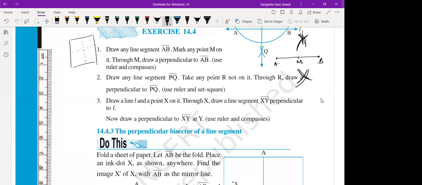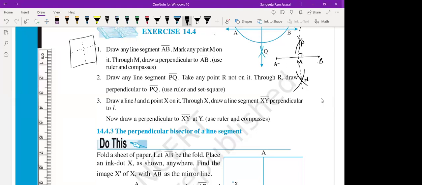Now you have this point here. Once you make an arc like this, then you make an arc like this. When you join this point and point M, you will see that the line you are getting is a perpendicular line. You can name this line anything, PN.